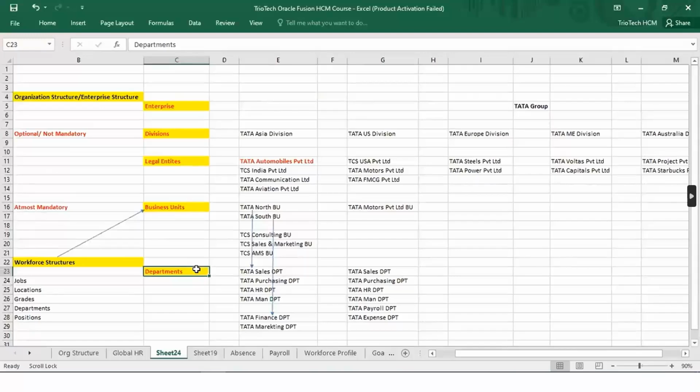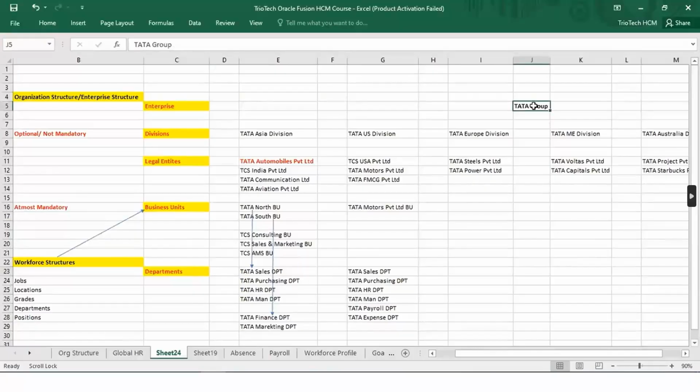Now, one more concept. I'm repeating again: at any point of time in the Oracle Fusion application, we can define only one enterprise in the system.